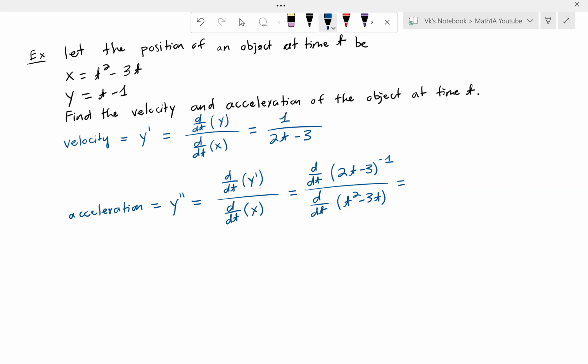Here we use the chain rule for the derivative of (2t minus 3) to the negative 1, which gives negative 1 times (2t minus 3) to the negative 2, multiplied by 2, and in the denominator, 2t minus 3.